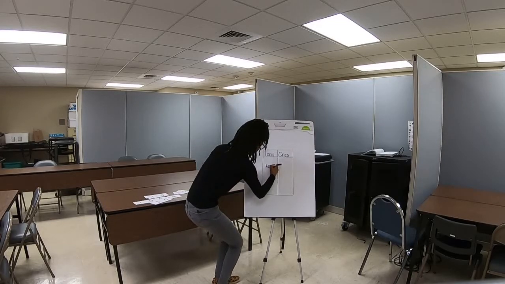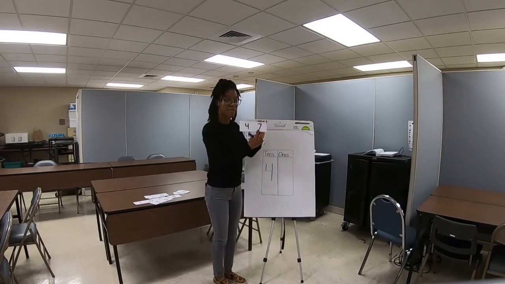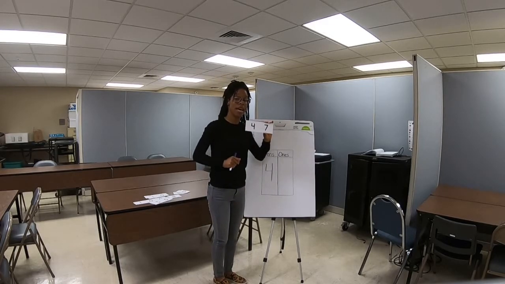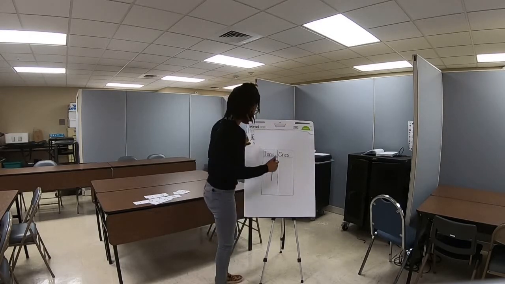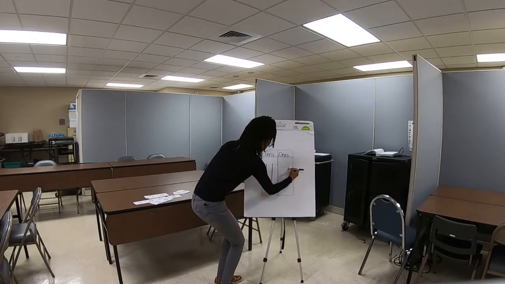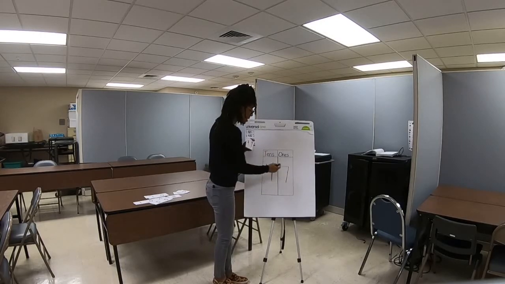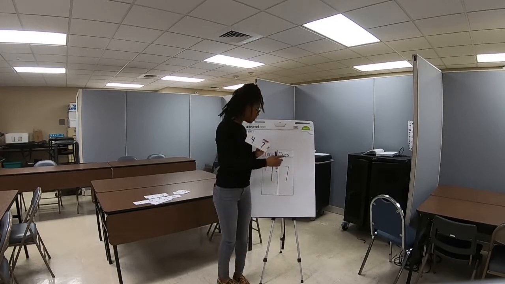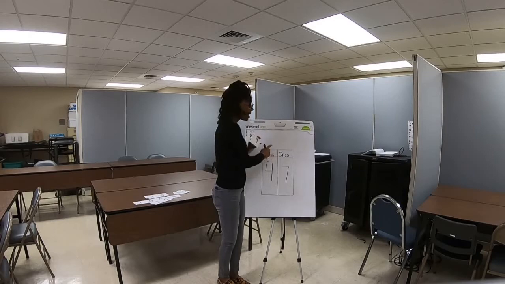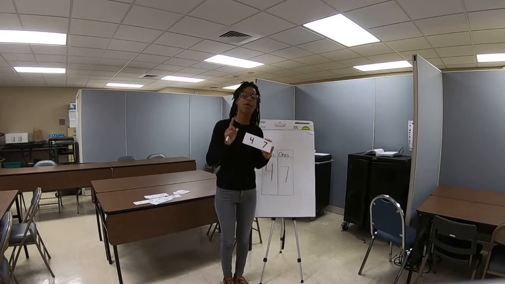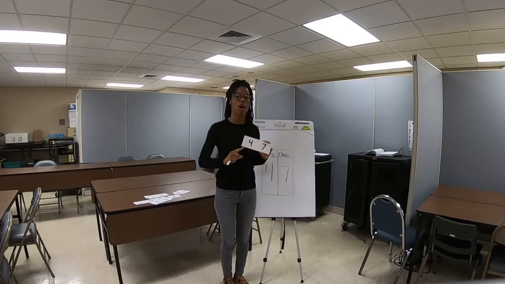We have 4, and then we have a 7. Let's go ahead and write that number as well. Now we have the number 47. Well, you see the 4 is actually in the 10 spot. So how much is that 4 worth?